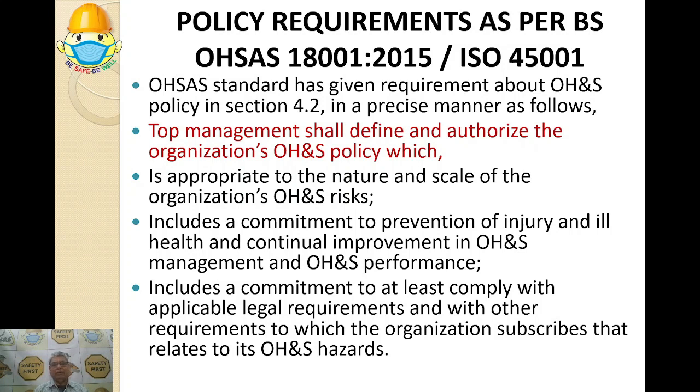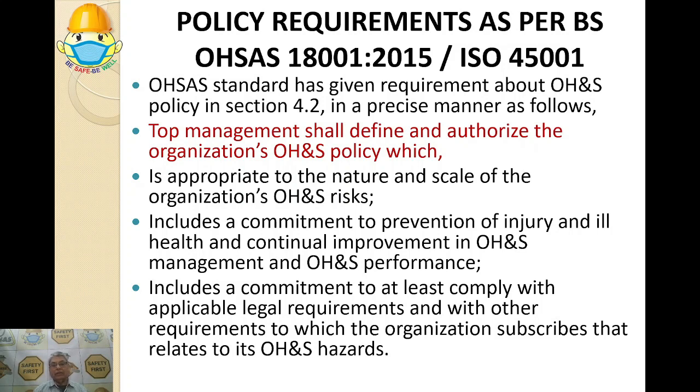So, it's a commitment given by the management that not only they are responsible for the safety and health of the workers, but they will seek continuous improvement in their management system and overall management they are creating for safety, and they will see that there is continuous improvement in the OH and S performance. That means the accident will be less, the incidental rate will go down, the severity rate will go down, the occupational health incidences will go down, like that.